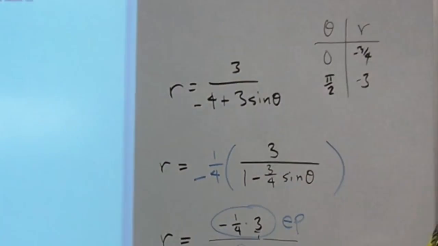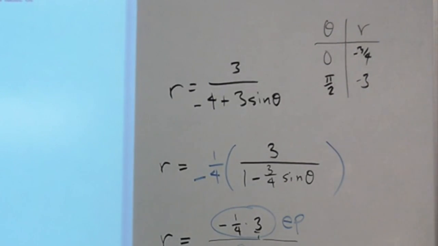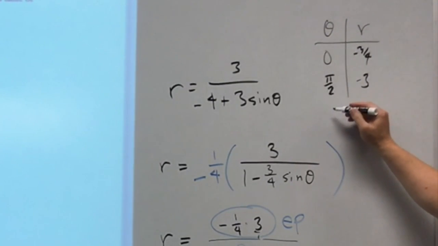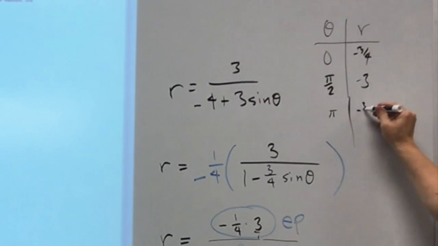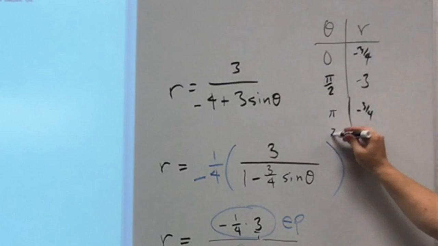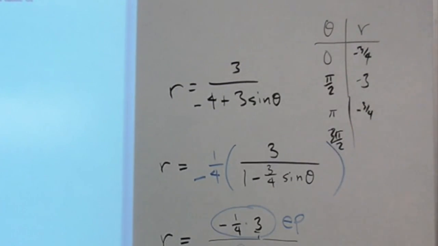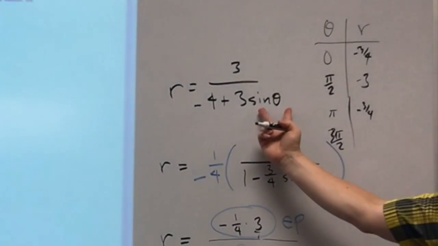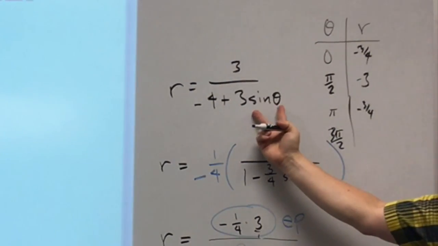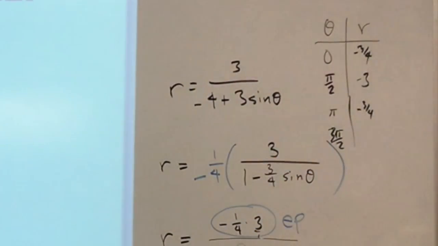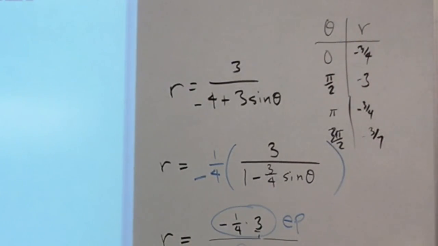It's going to be a weird one because all the radii are going to be negative. At pi, this goes back to 0, so it's back to negative 3/4. And then at 3 pi over 2, that's going to be a negative 1, so it's going to become a negative 7 at the bottom. So negative 3/7, a little smaller.